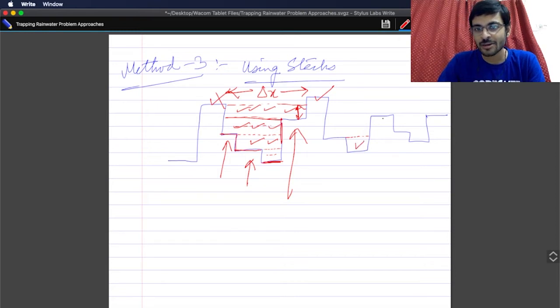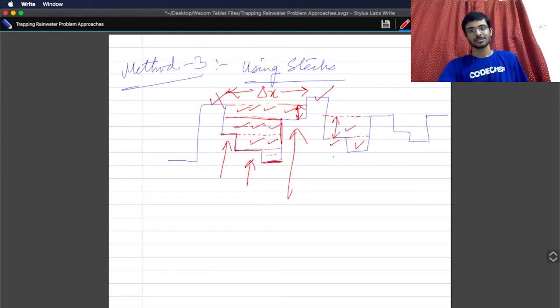Then when I go to here, I know that for this guy, when I've seen that I filled water for this, I can see for the previous one that yeah, this is also forming a low level compared to my next one and my previous one. So use their minimum height to even fill this particular height, fill this. Okay, so how are we doing?